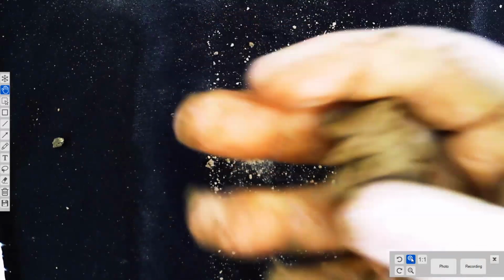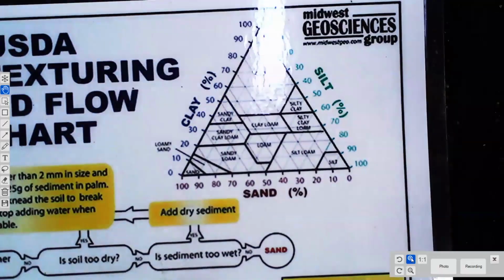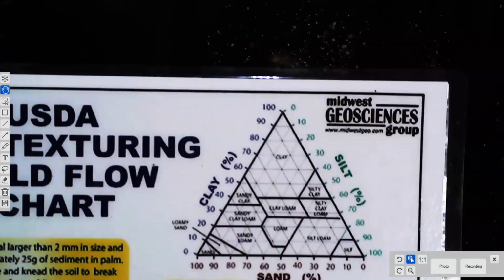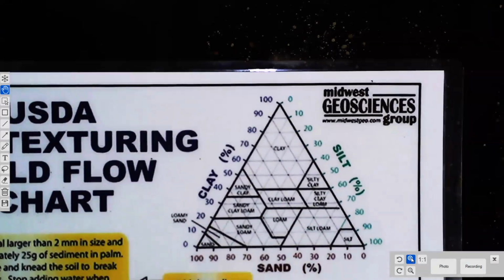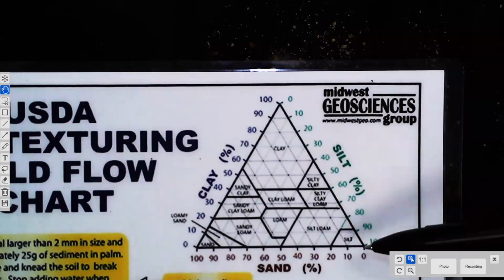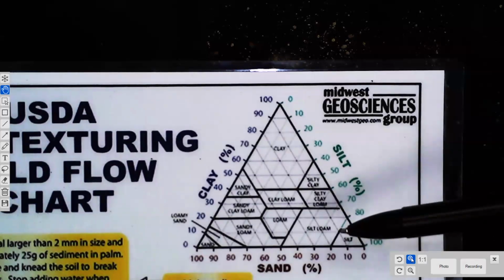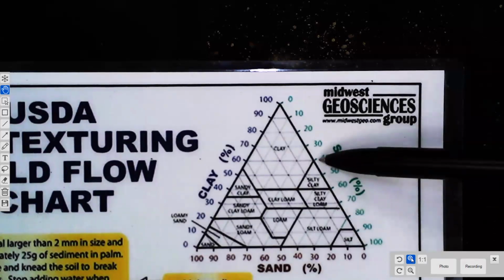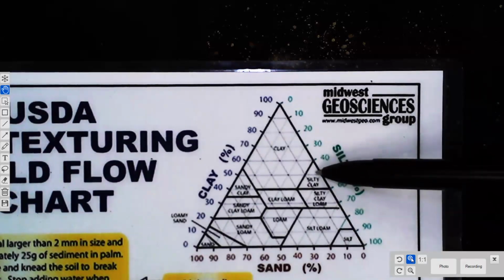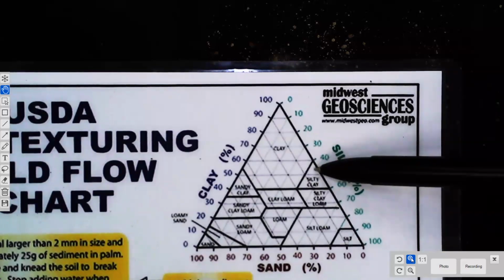So the lab analysis on this one, if we were zooming in, would be 2% sand, basically right on the bottom here, and 43% silt, so about 40 here, and about 55% clay, so we're about right there.